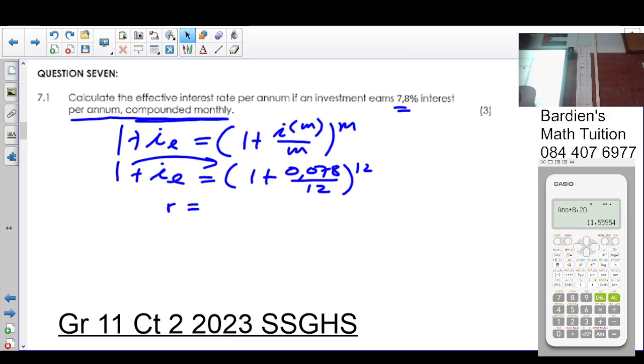What I now get is 1 plus 0,078 over 12 to the exponent 12, minus 1, which is 0,0808. We multiply it by 100, which gives you 8,08%. You all agree with that? Right? Let's carry on to the next one.